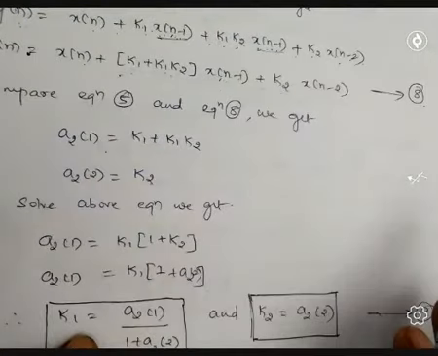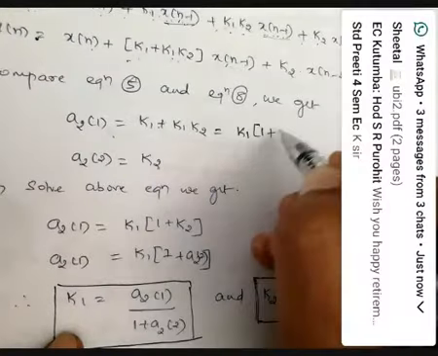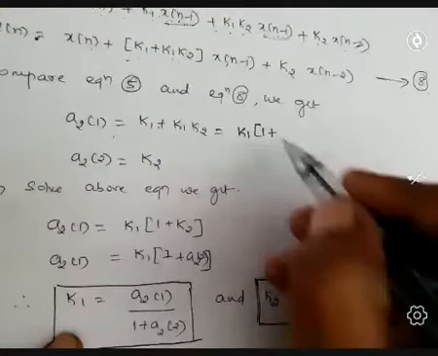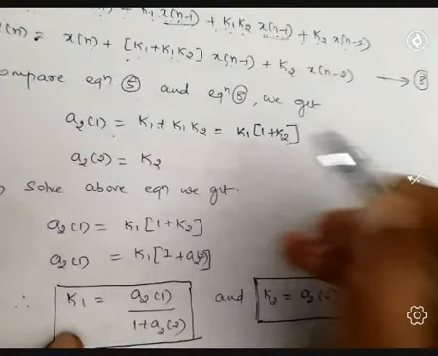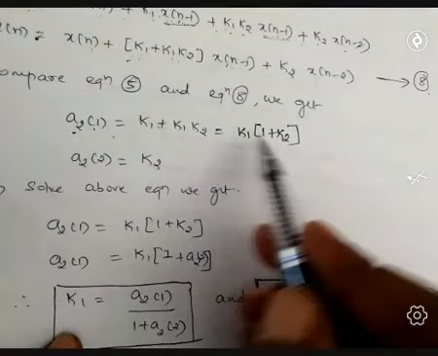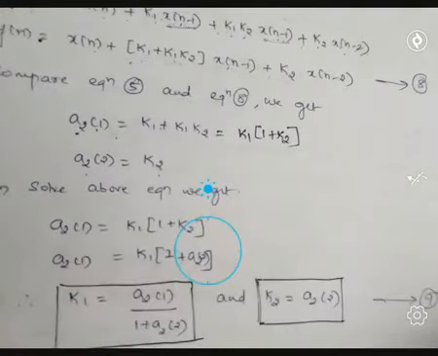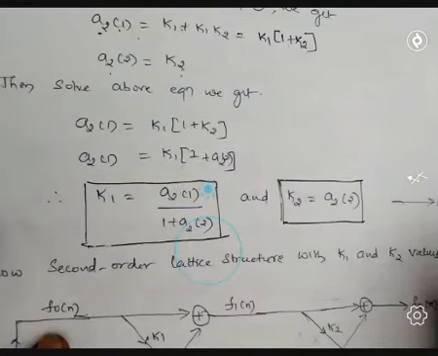If you take k1 common here, we can write 1 plus k2, correct? So we got a2 of 1 equal to k1 into 1 plus k2, and a2 of 2 equal to k2. Next, what about k2? k2 is a2 of 2.